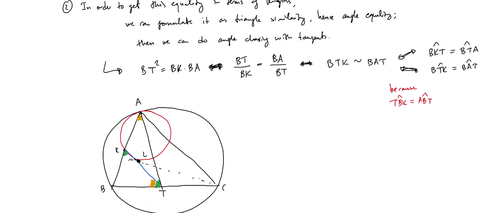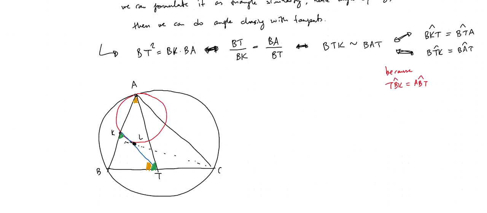For example, let's look at the orange angle. If you want to chase it from the circumcircle, you need this side, which intersects the circumcircle at B, and you need this other side and this intersection. Unfortunately, you don't know this intersection. So if you want to chase it, you will need to use this point. If you want to do it on the red circle, similarly, you will want to use this point.